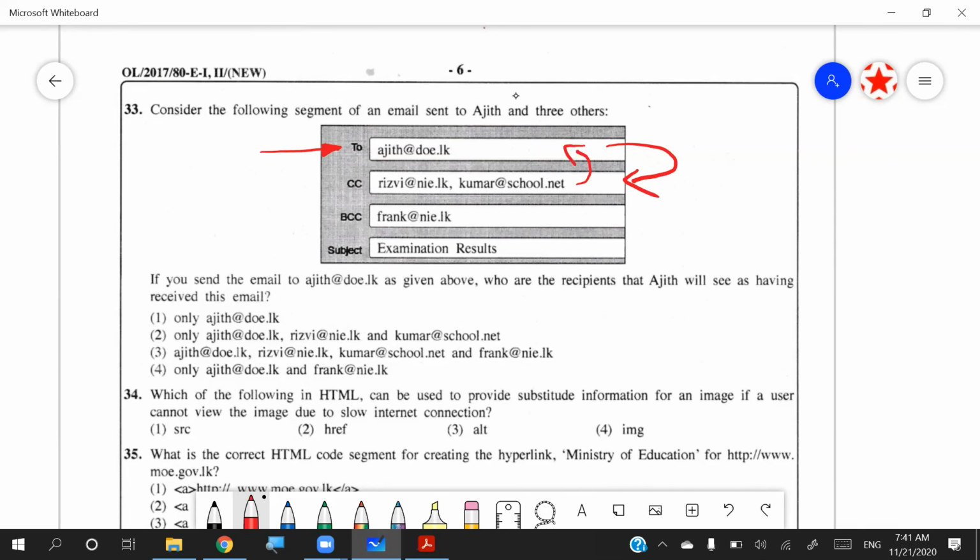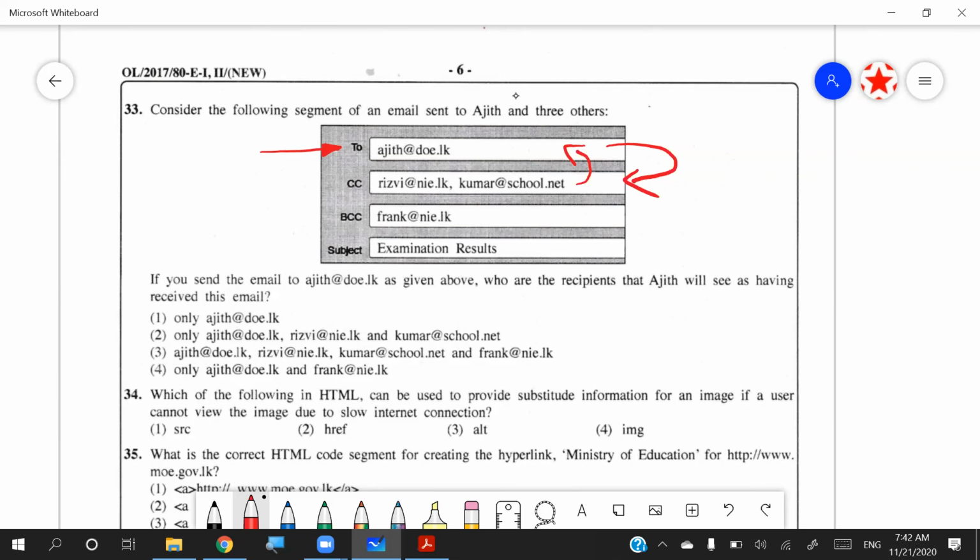So once it is received, Ajit can see, okay, this has been sent to Rizvi and Kumara, as well as Rizvi and Kumara can see, okay, we got a copy of this particular email which is being sent to Ajit as well, right? So Rizvi can see Kumara and Ajit. Kumara can see Rizvi and Ajit. The mail has been sent to those people, but not Frank.